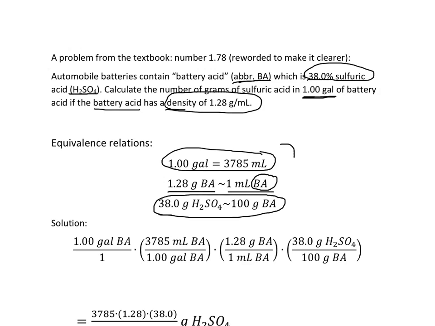Now, with these three equivalence relations, I can define conversion factors, and that will simply change the gallons of battery acid into my final unit, which is grams of sulfuric acid.